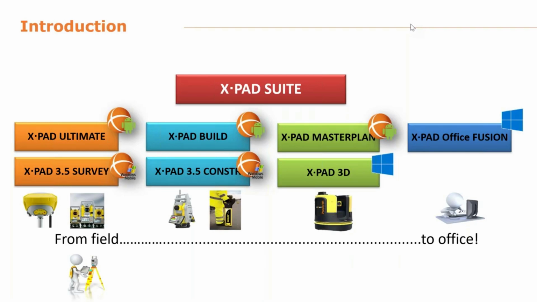And also you can import pictures for the photogrammetry module we have, and also we have a drone module. So that's a great software where it incorporates all your information. You can put it onto the same coordinate system, whatever that may be, or you can translate, you can manipulate the information as well. So from field to office, we have you covered.